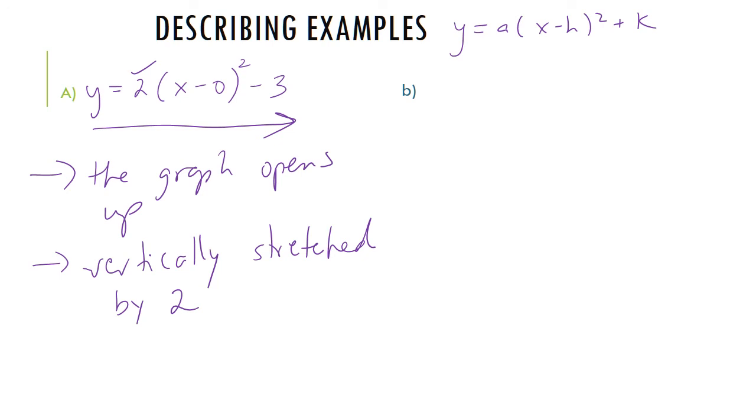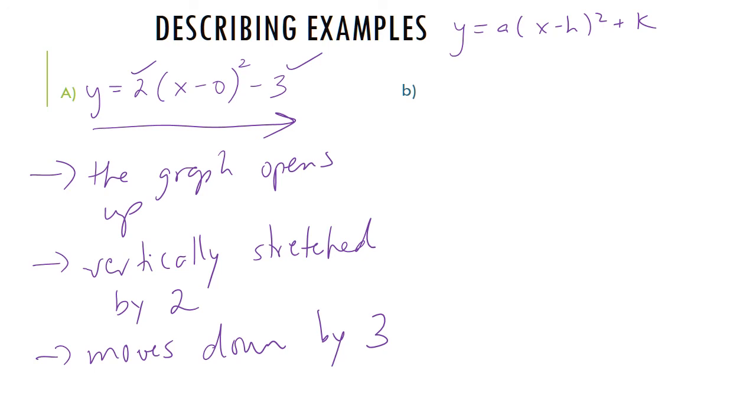When k is negative, what does it do? Moves down by 3. And don't write moves down by negative 3, that's kind of like a double negative. By saying down, you're taking care of the negative. So we see a k value, it's negative 3. We know it moves down. How many does it move down? It moves down by 3.